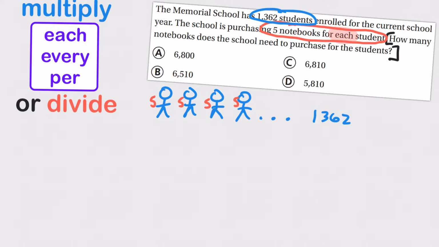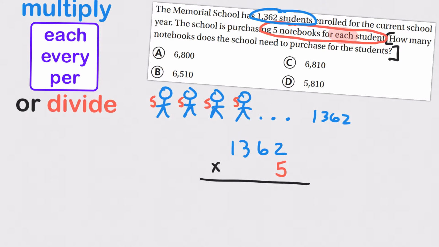Then to get my answer, I could do 5 plus 5 plus 5 plus 5 plus 5 plus 5 plus 5. But again, that would take too long. So the faster way to do this, I would have to do this 1,362 times. And so that's our multiplication problem: 1,362 times 5, and that'll tell us how many notebooks the school needs to purchase.